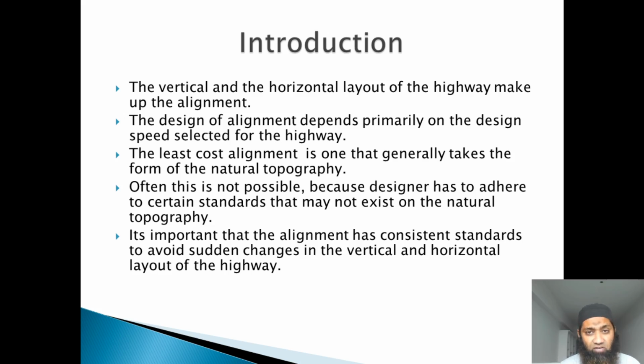To reduce it, we provide the super elevation, where the outer edge of the pavement is raised slowly so that this centrifugal force can be reduced. If that is not maintained, then there are chances of skidding as well as overturning. So it is very important. We shouldn't provide sudden curves or sudden ups and downs which can lead to accidents.